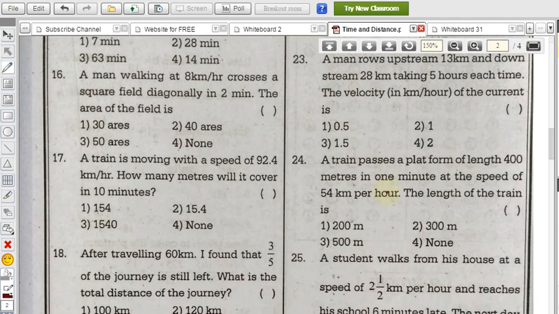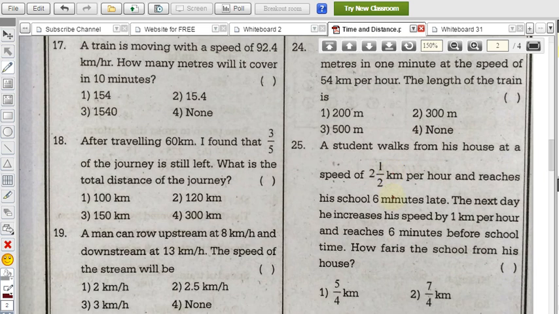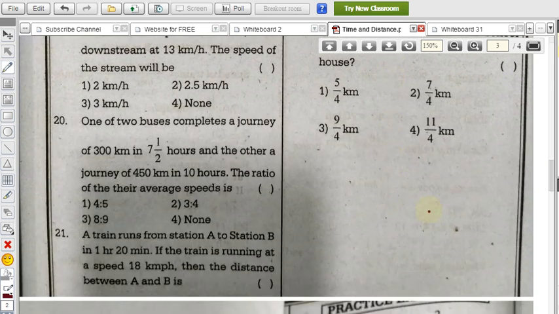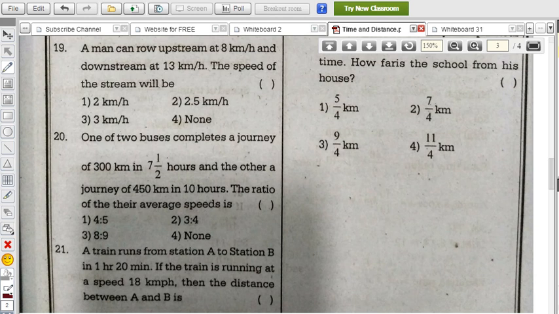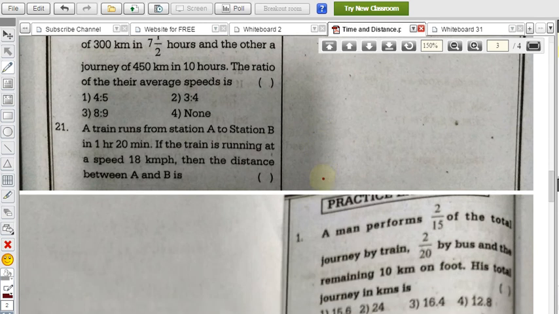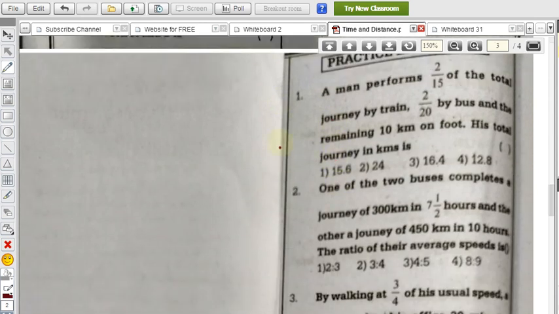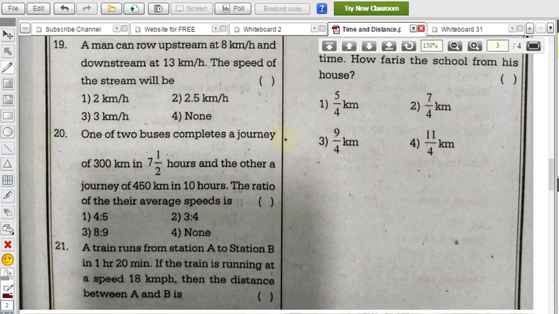These are all papers based on the points which I explained. Not only this paper, practice paper 2, some other papers are also available on the website. So you can go through the remaining questions and solve them yourself.